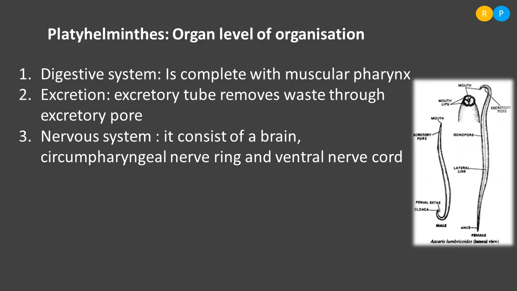In the head region there is a brain, which is nothing but the cerebral ganglia. That is a simple network of primitive nerve tissues we can see in the roundworm. It helps in sending any kind of signal from one part of the body to the other.